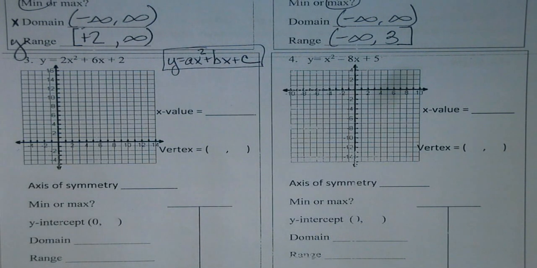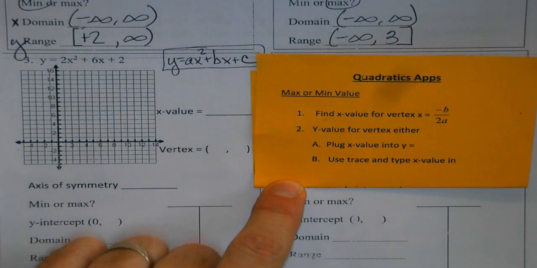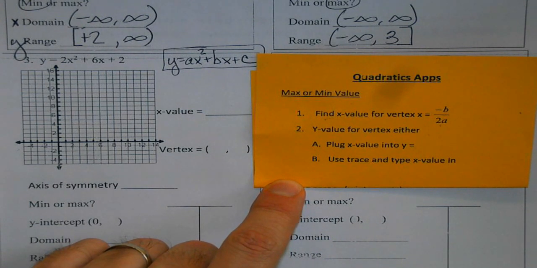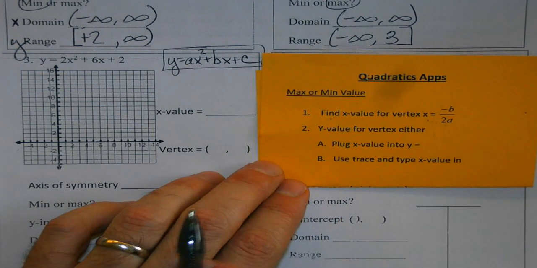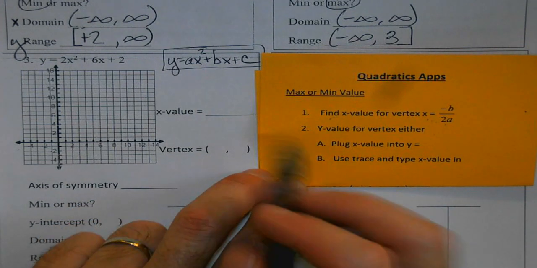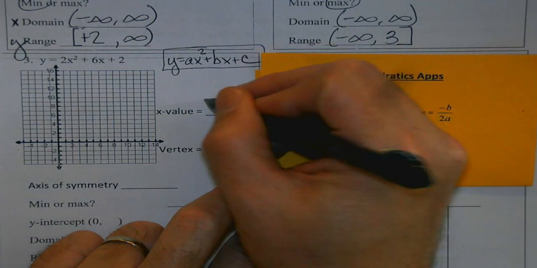Because when we're in standard form, here comes our first reminder of our help that we have. You're like, yeah, that says min or max. Also helps me find the x value of my vertex. So, I look and I go, okay, my b value is 6, but I want the opposite of that.